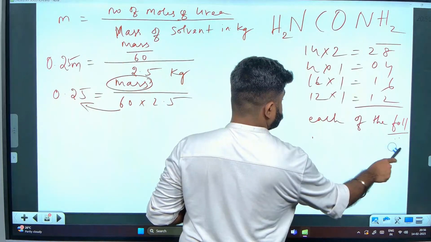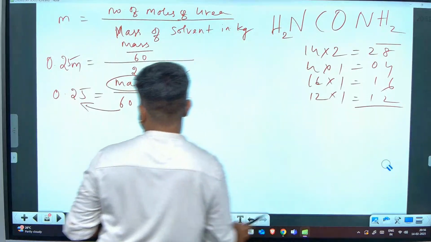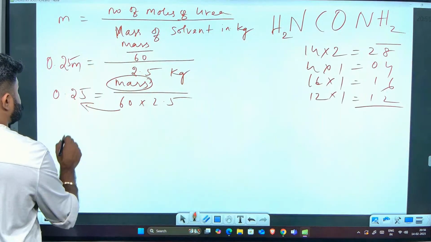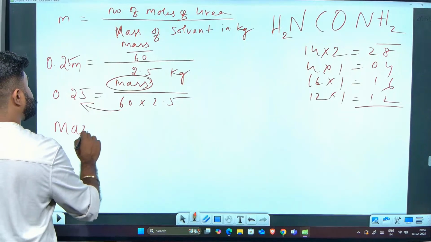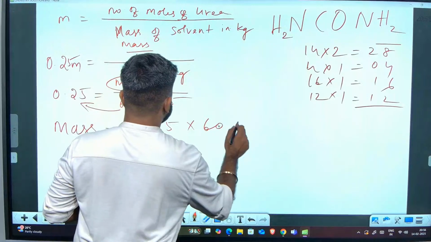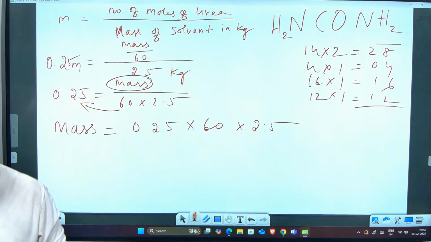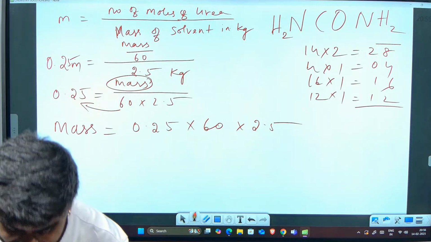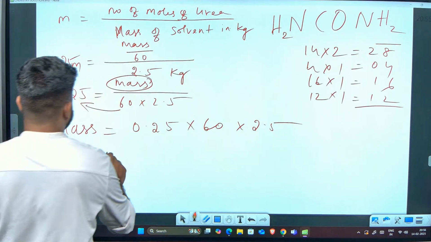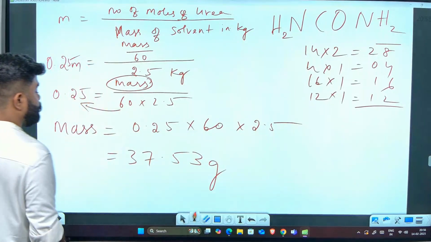So 37.5, sir. I'll check. Mass is equal to 0.25 into 60 into 2.5. Answer is 37.5 grams. Okay?